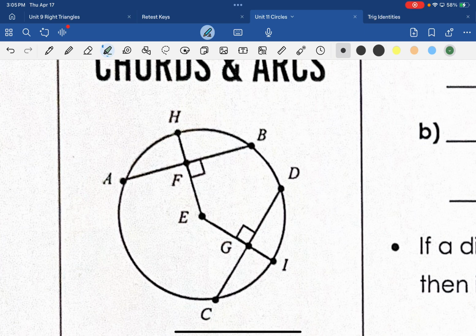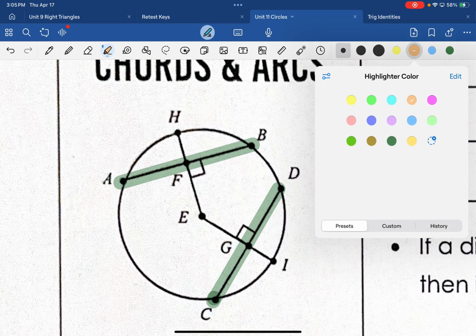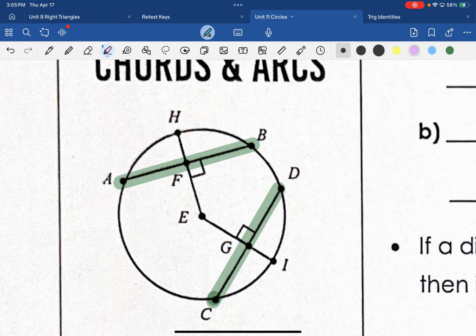So the first thing we're going to look at is my chords. So I have chord AB right here. What is the other chord that's here? CD or DC. Those are two chords, right? Then we have arcs that are made from those chords. Now these are little arcs, so I only need 2 letters. So what is the arc that's made with chord AB?